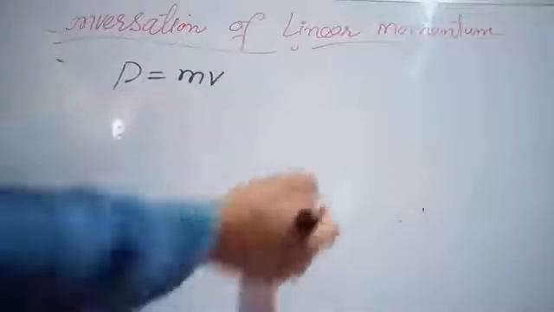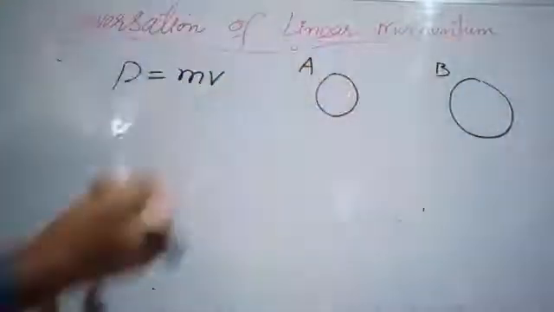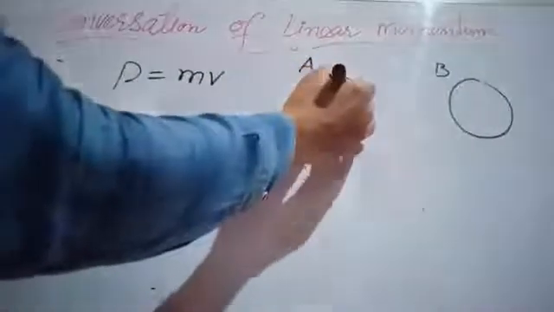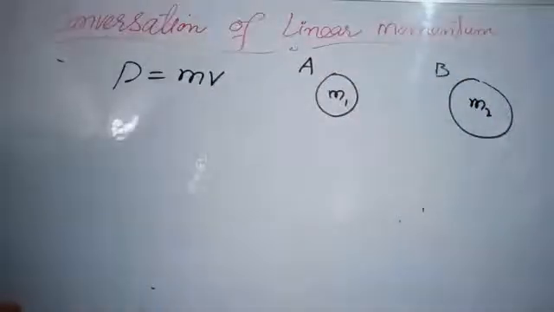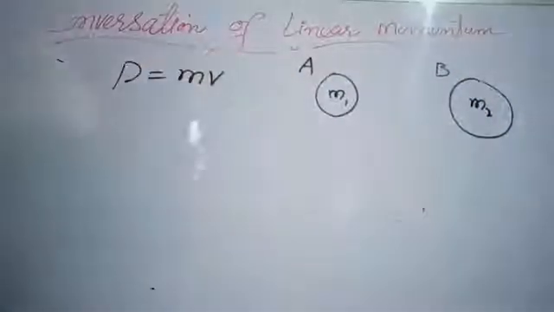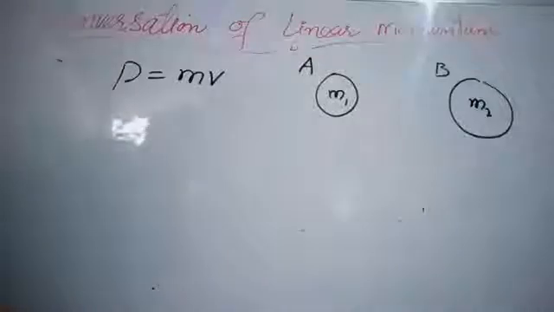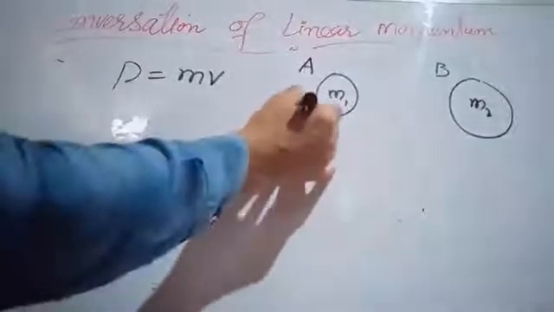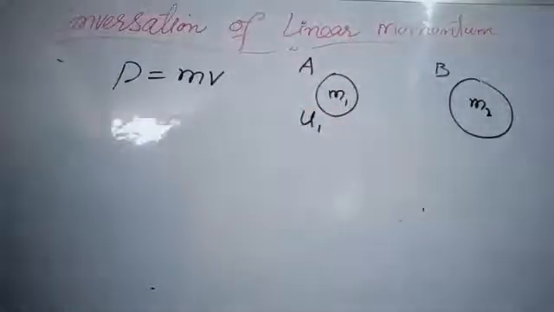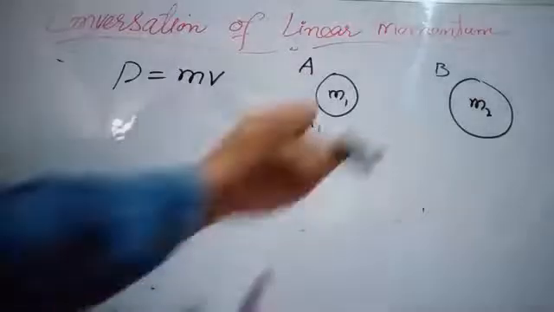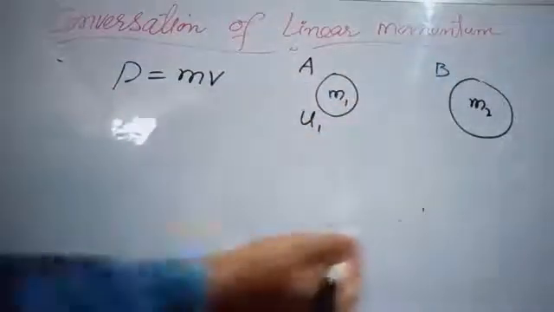Consider two objects. If this is object A and this is object B, this object has mass m1, this object has mass m2, and consider this object moving with initial velocity u1, and this object moving initially with velocity u2.